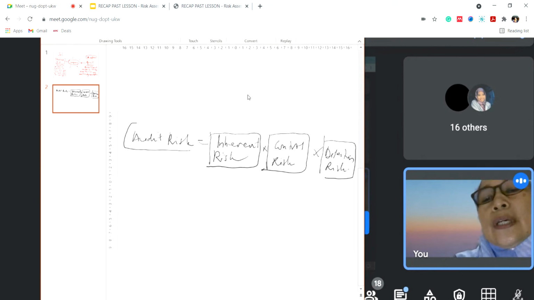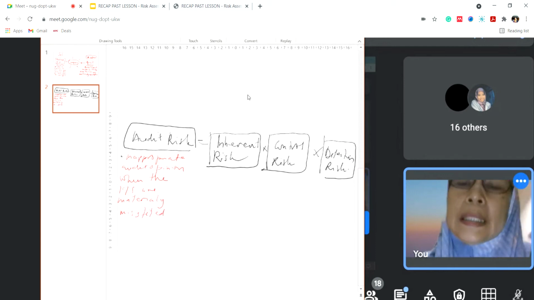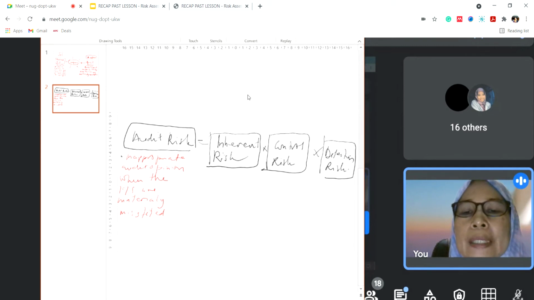We know that audit risk is when the auditor gives an inappropriate audit opinion when the financial statements are materially misstated. You have to look at how or where the risk comes from. Why can the auditor give a wrong opinion?